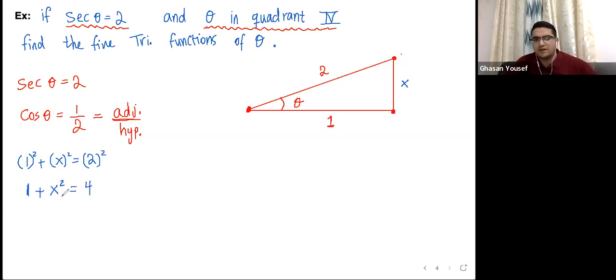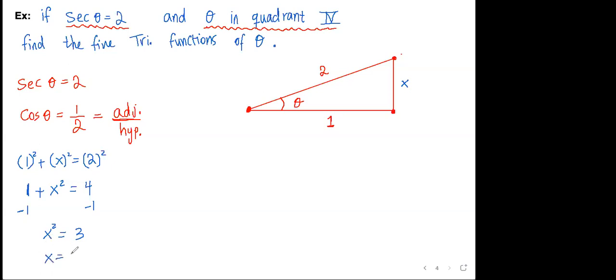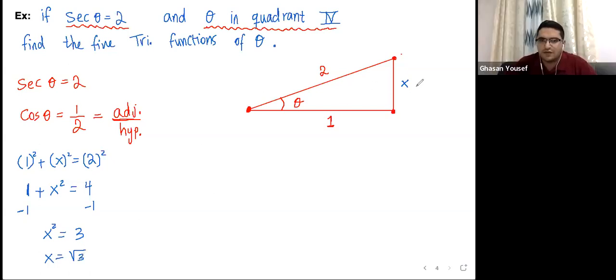I need to find the value of x squared, so I have to subtract 1 from both sides. I will get x squared equals 3. Now take the square root of both sides. It'll be x equals square root of 3. Exactly, this is the value of x.